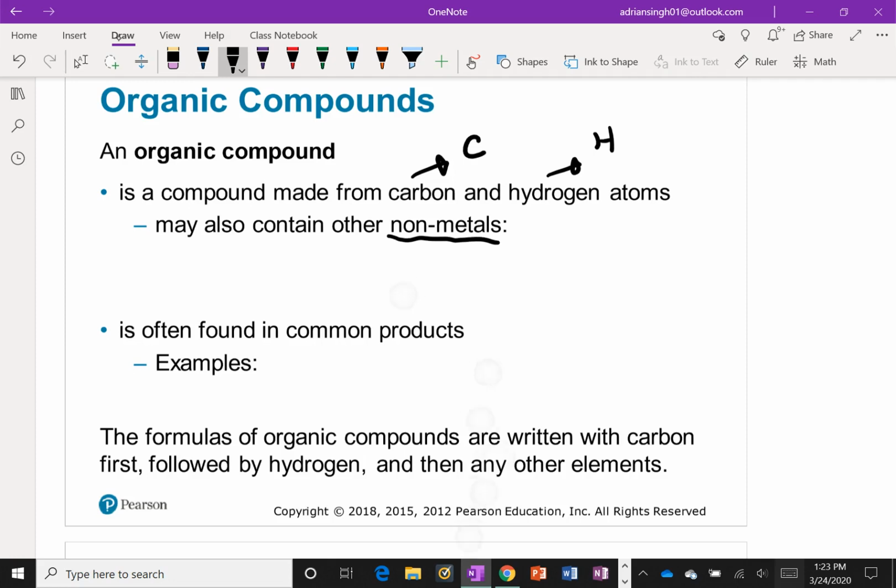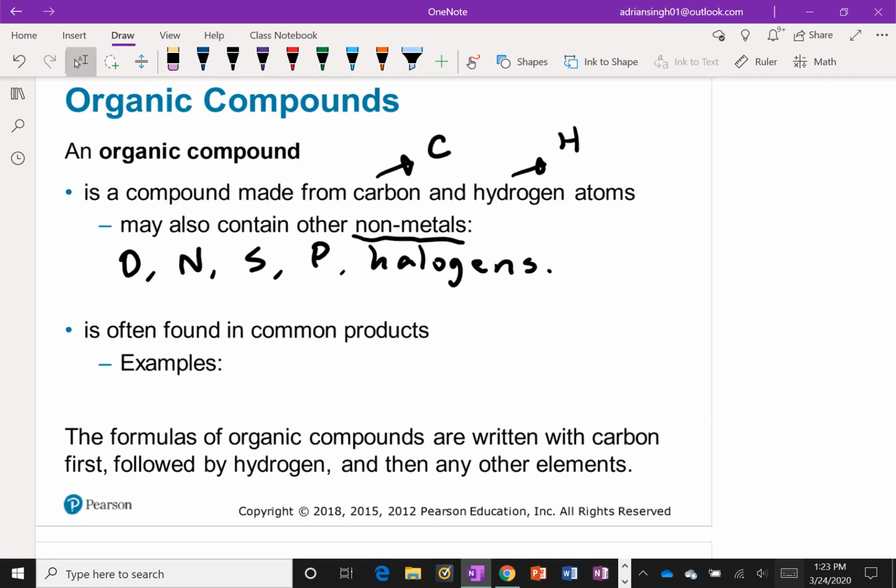So we may see things like oxygen, nitrogen, sulfur, some phosphorus, and then possibly some halogens as well. Typically, for the study of organic compounds, we're looking mostly at non-metals. Remember, the types of bonds that hold nonmetals together are covalent bonds.